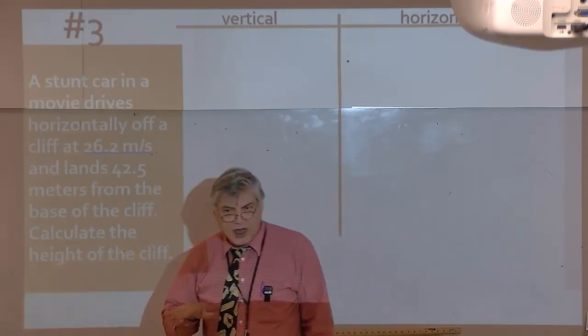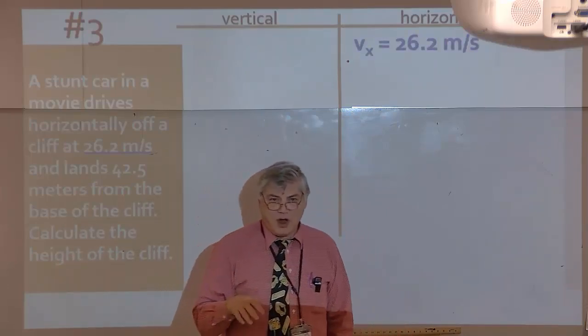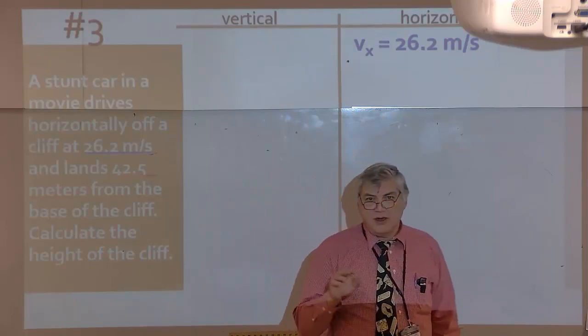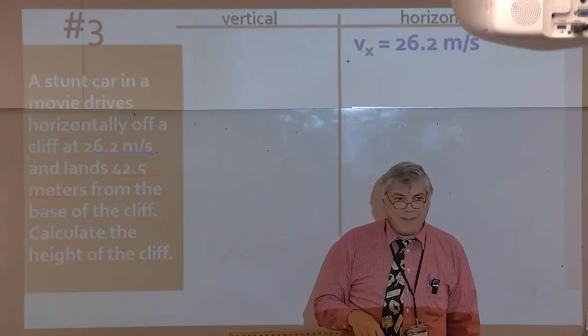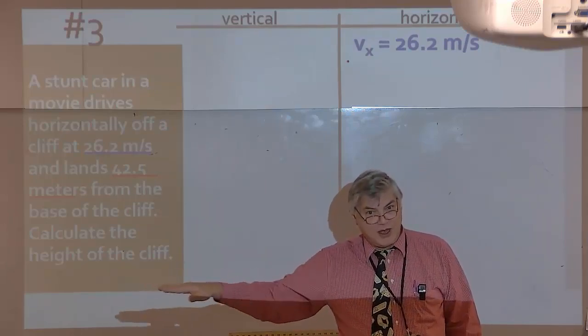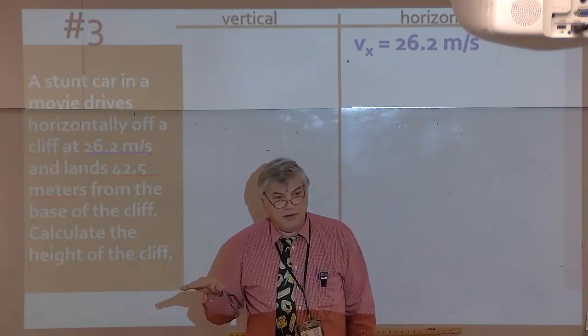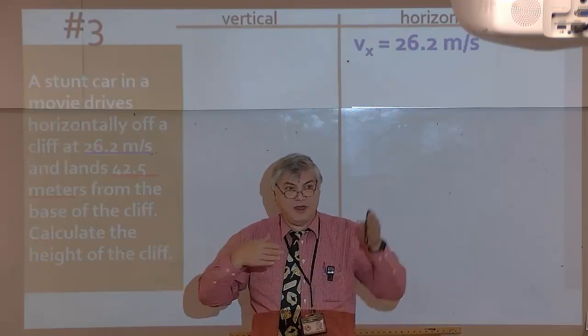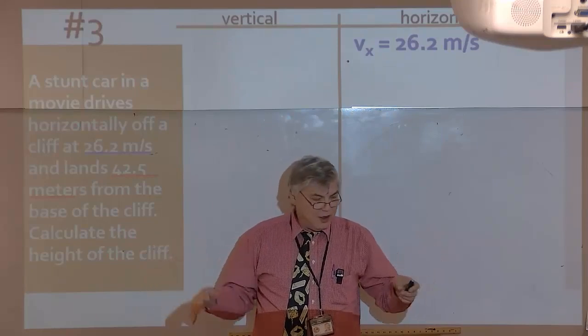So is that horizontal or vertical? Horizontal, right. So we'll plug in that as our horizontal velocity, Vx. Next, we've got it lands 42.5 meters from the base of the cliff. So is that horizontal or vertical? From the base of the cliff, it lands over here. Horizontal, right, horizontal.